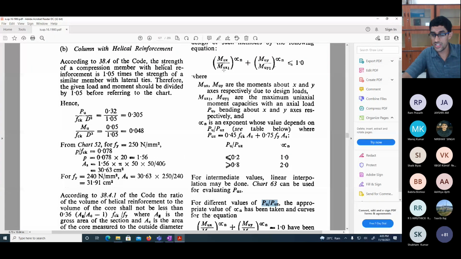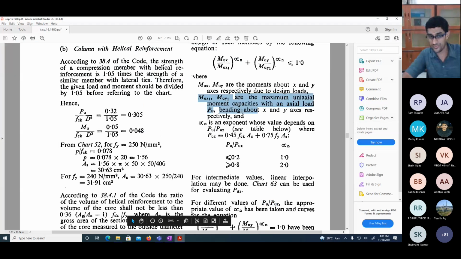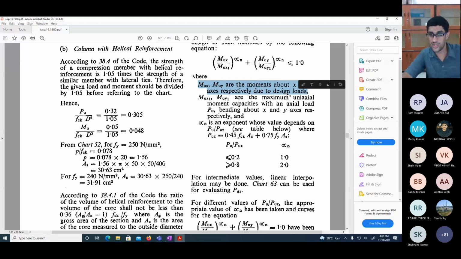The next things that we need are MUX1 and MUY1. Okay, we need two values. To find MUX1 and MUY1, you will use the same charts. If you just read this, you will know what they mean. MUX and MUY are the moments given due to x and y, about the x and y axis.